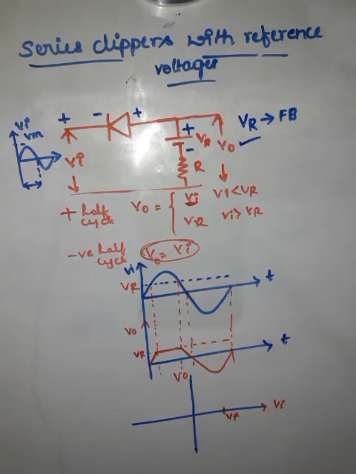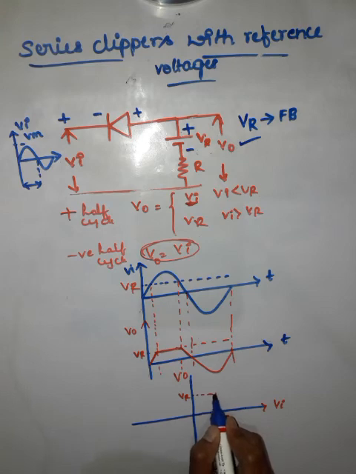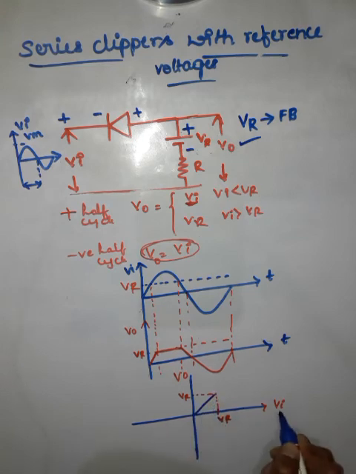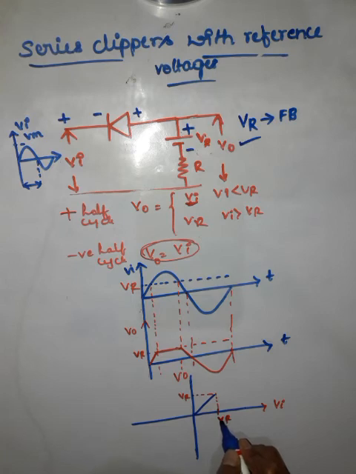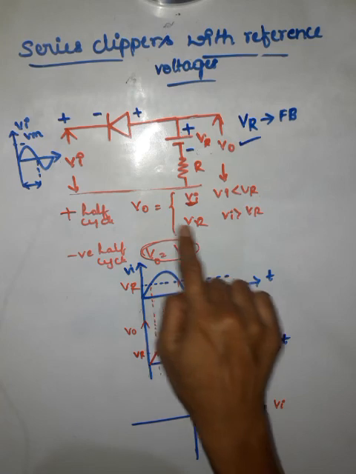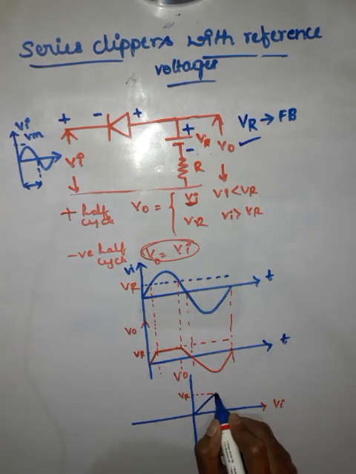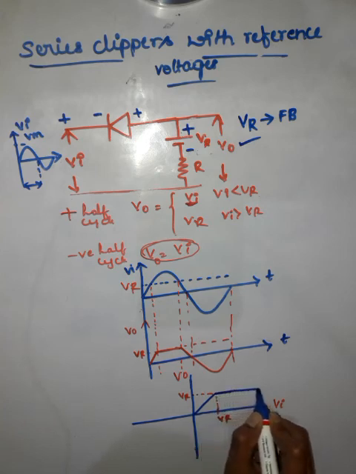When the input voltage is less than the reference voltage, V0 is equal to Vi, so we are going to have a slope here until the input voltage reaches the reference voltage. Once the input voltage is greater than the reference voltage, we are going to have an output V0 is equal to VR. Therefore, the waveform will be output V0 is equal to VR.